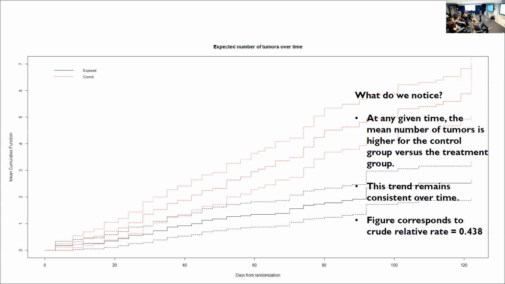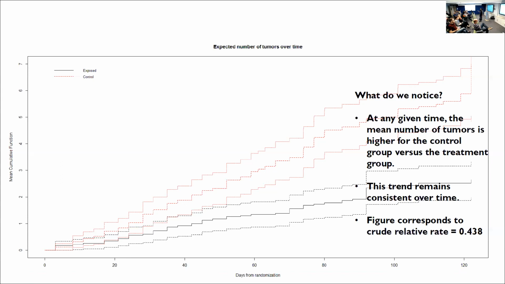At any given time, the red line is always greater than the black line. And what that means is that by that moment in time, the mean number of events expected is always higher for the control group than for the treated group. It starts off similar, but then it really does diverge.